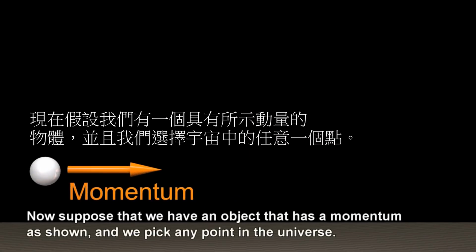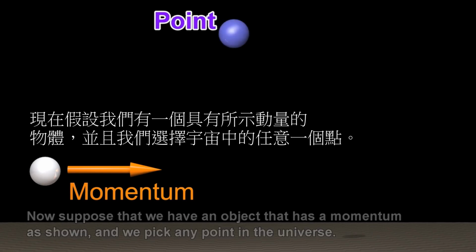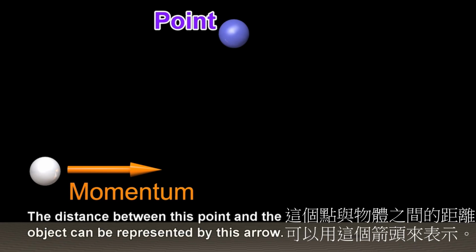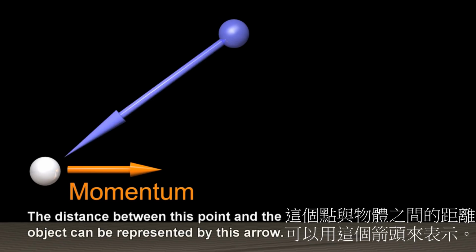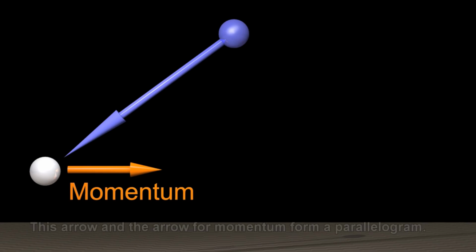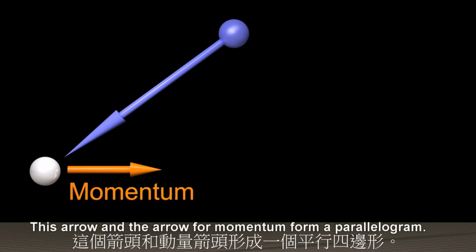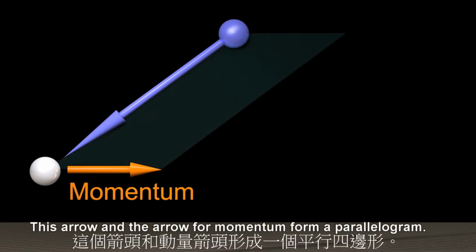Now suppose that we have an object that has a momentum as shown, and we pick any point in the universe. The distance between this point and the object can be represented by this arrow. This arrow and the arrow for momentum form a parallelogram.